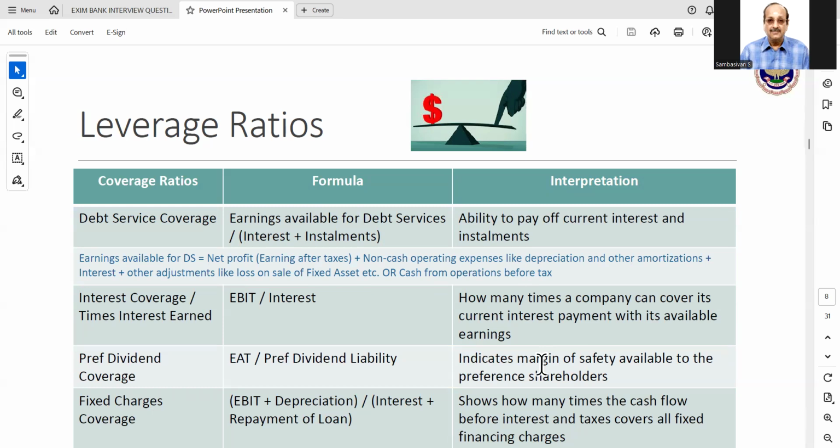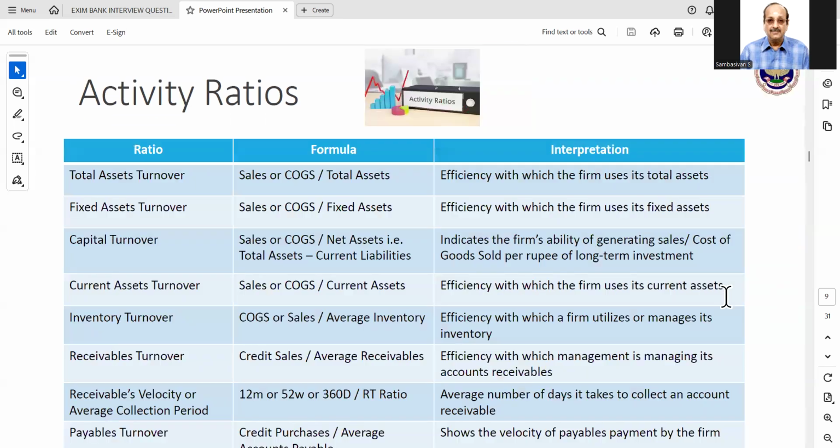Debt service coverage ratio, important one. Interest coverage, EBIT, earnings before income tax, divided by interest. So these are important ones. Please go through the other ratios also.